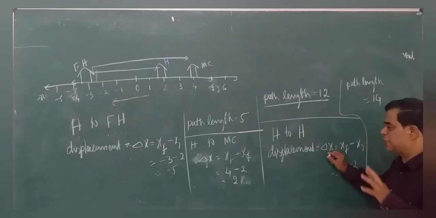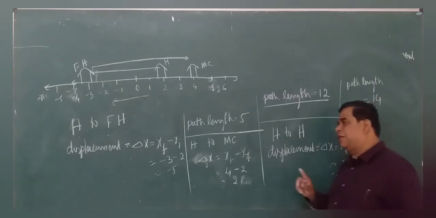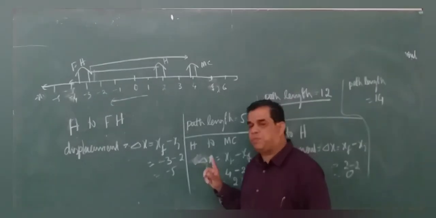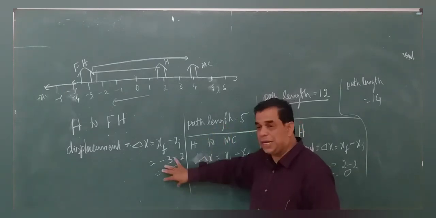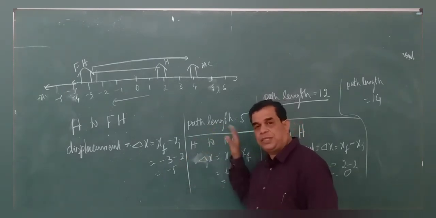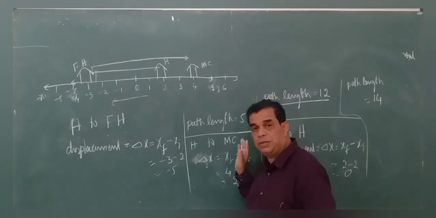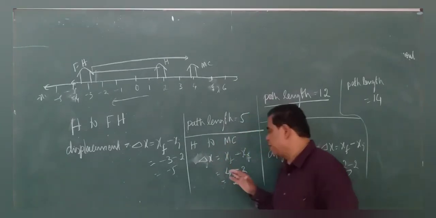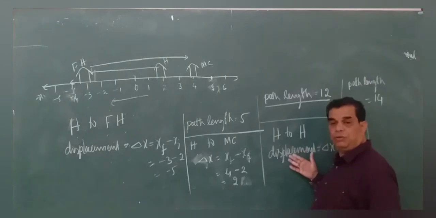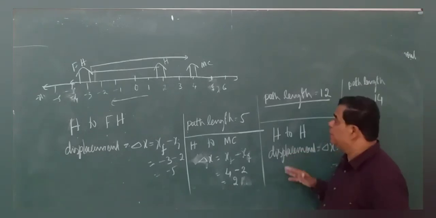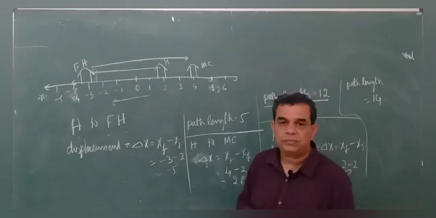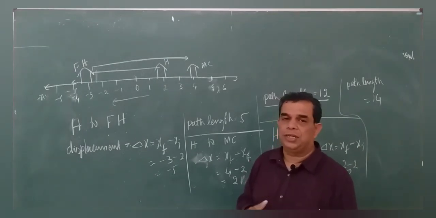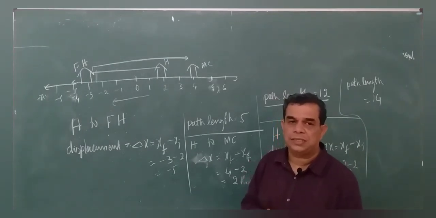And one more thing you must learn here: displacement in the negative x direction is negative. When it is in the positive x direction it is positive. When initial and final positions coincide, that is, they are one and the same, it is 0. If you have learned this now, we continue for the next thing.